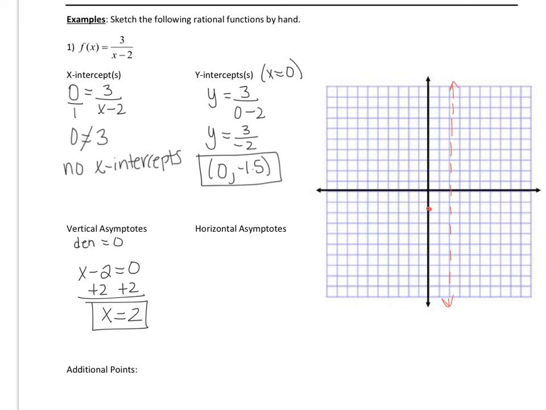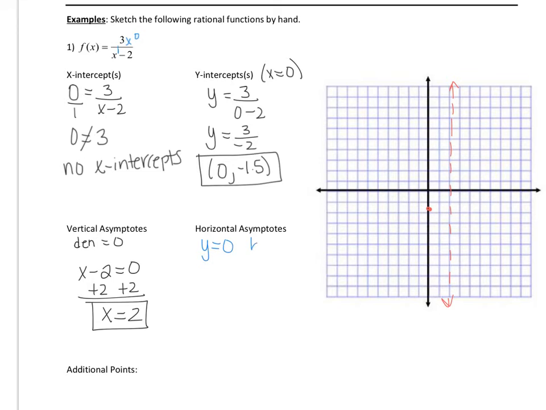And a horizontal asymptote has everything to do with the degree of the numerator and the degree of the denominator. Now, the degree of the denominator is easy. That's 1, so we can go ahead and put a 1 there. But there's no variable next to 3. There actually is, and it's actually x to the 0, because x to the 0 is 1. So the degree of the numerator is less than the degree of the denominator. So in that case, the asymptote is y equals 0.